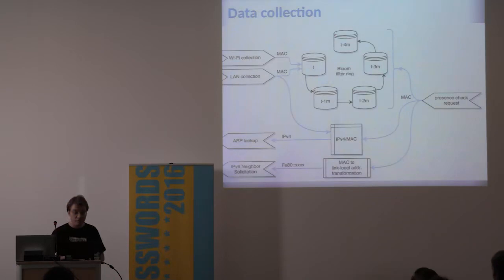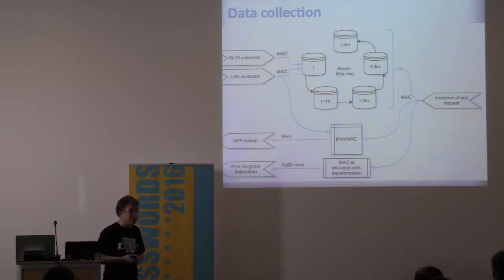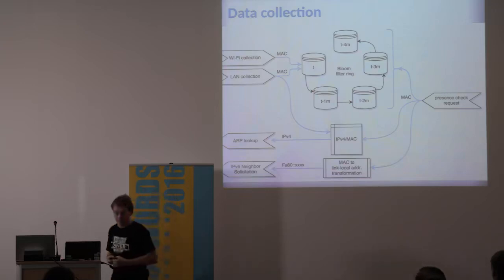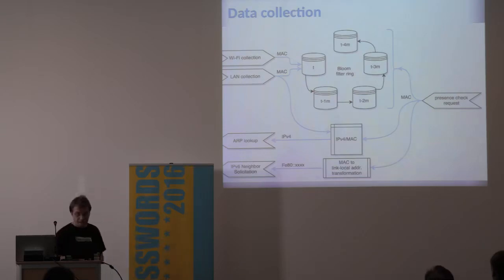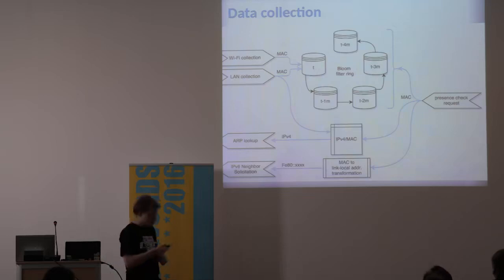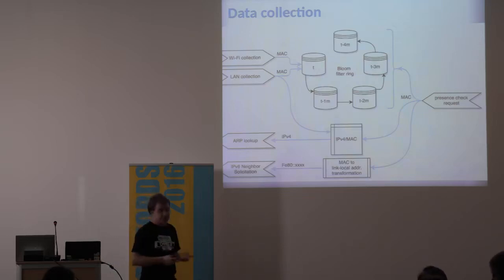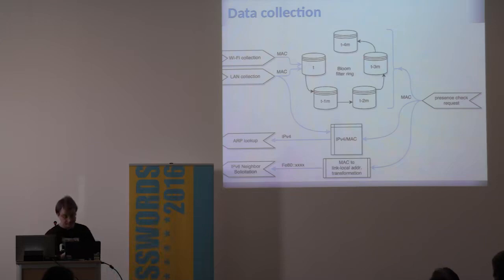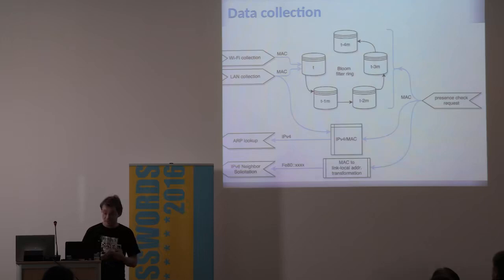And every time we need to do a presence check, we simply check in all of the Bloom filters, and after 5 minutes, we discard the oldest one. And here you can see that for the active probing requests, we can also use the DHCP and ARP lookups. And the nice thing about this scheme is, since we want to implement this in embedded systems, it's constant time and constant space.